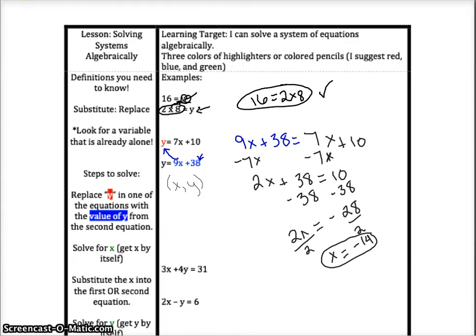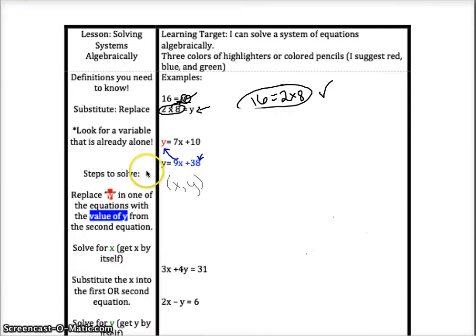I'm going to erase this, so if you need to still copy this down, please pause the video. Okay, so remember that I had x equals negative 14 as my first answer that I found. So now I need to take this x, and through the process of substitution, I'm going to plug it back into one of the equations.